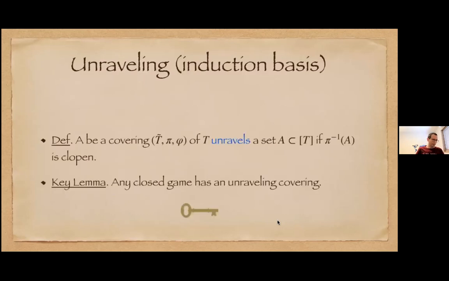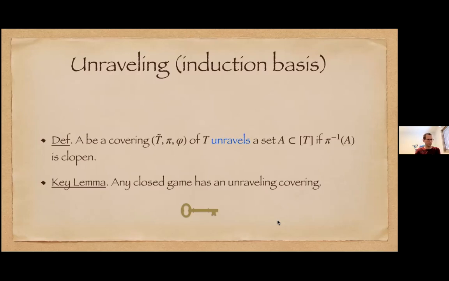Okay, another notion that we're going to use is unraveling. We say that a covering of a tree, tilde T, pi, phi, unravels a set of plays A if the inverse image of A is closed and open.